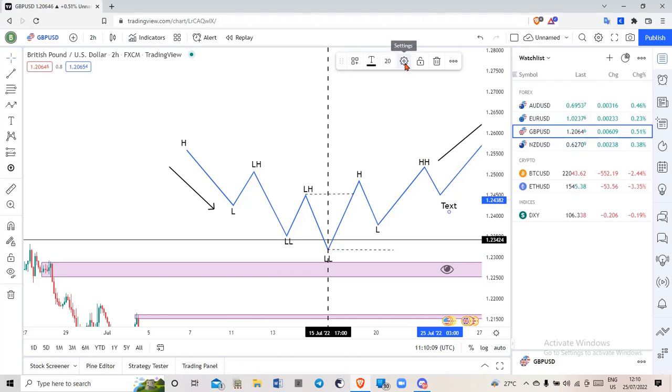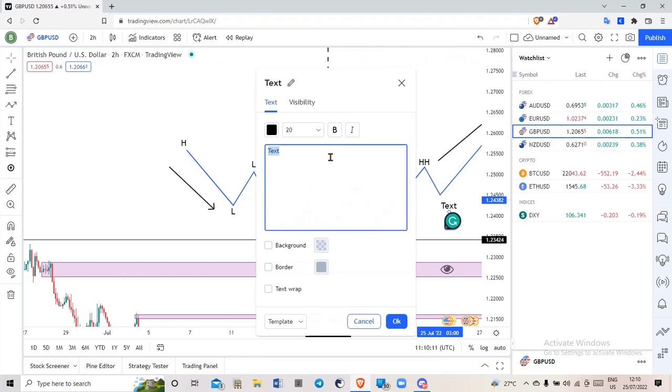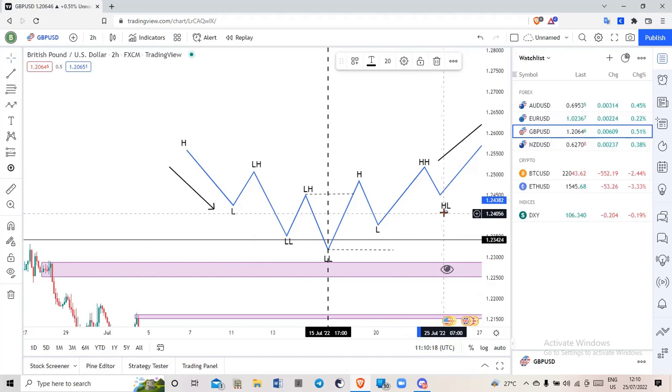Higher low. Please, you have to replay this class so you get an understanding. Watch it at least 2 times. Make sure you understand it. Give yourself an assignment, go through the charts, identify the patterns on the chart.